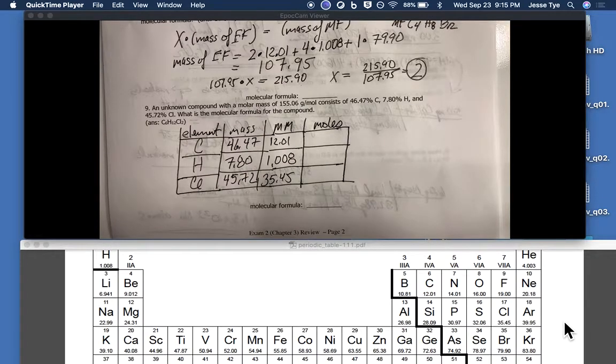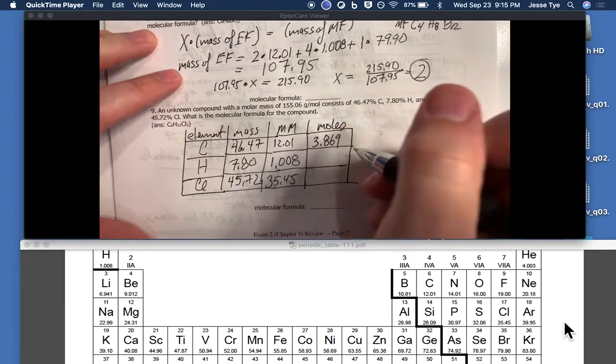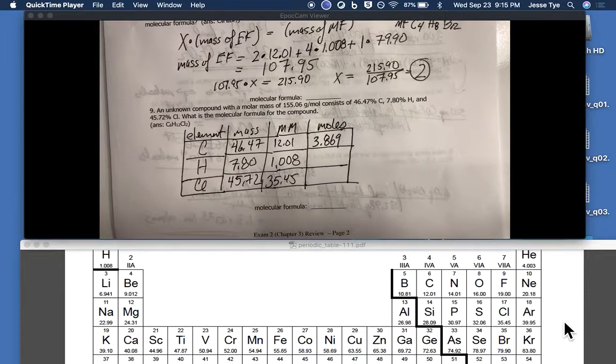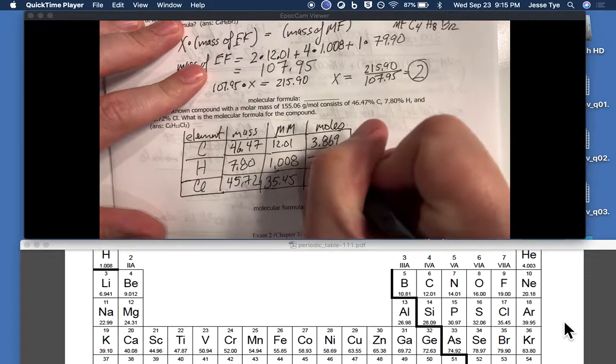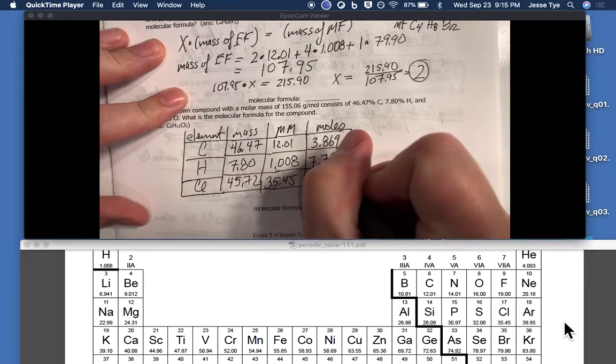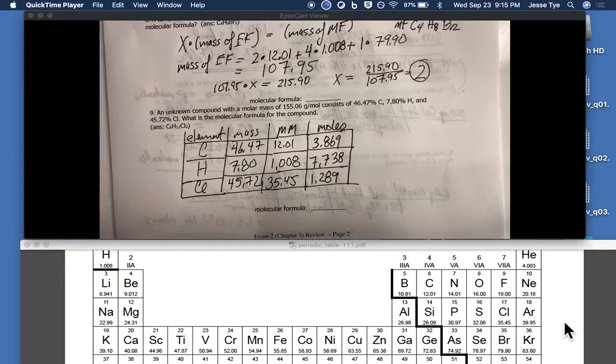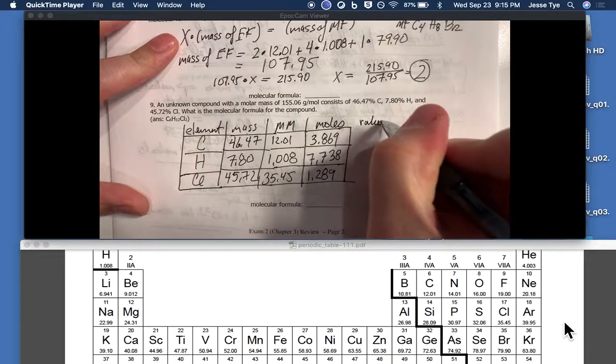Okay, so 46.47 divided by 12.01 is 3.869, 7.80 divided by 1.008 is 7.738, and 45.72 divided by 35.45 is 1.2889.